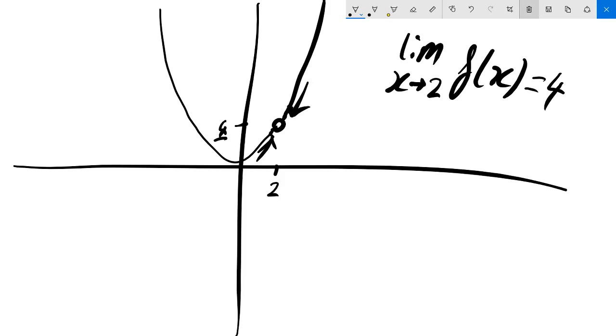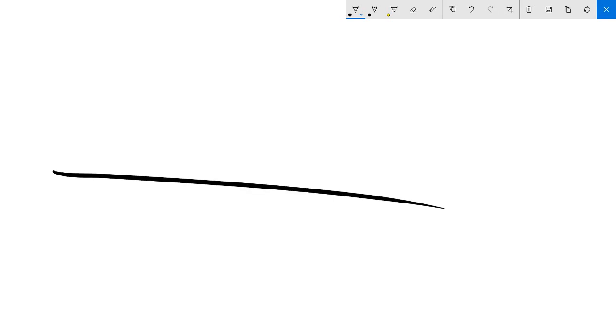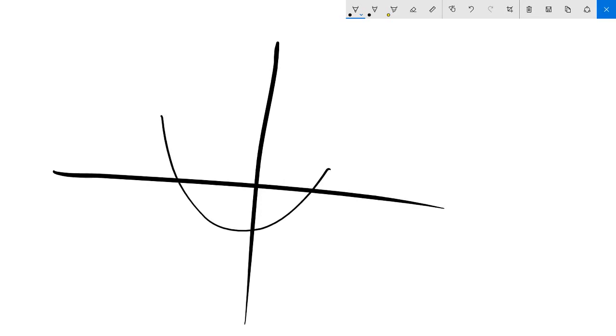Okay, hold on. What if we had a really weird function that did this? You can have some sort of graph like that. Let's say this is 1, and we don't know what these 2 points are.